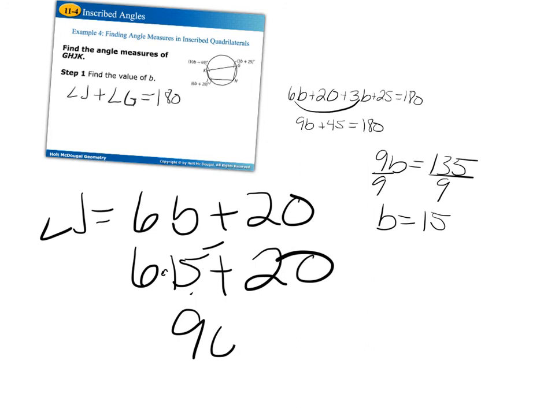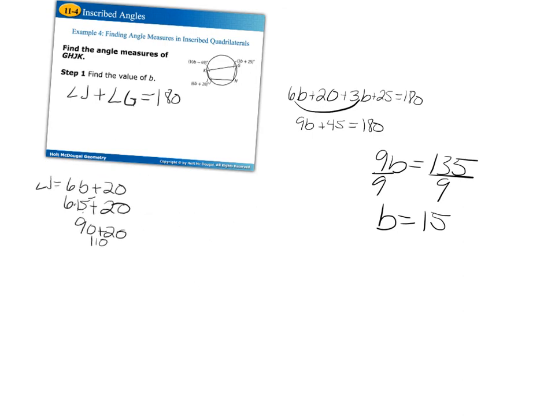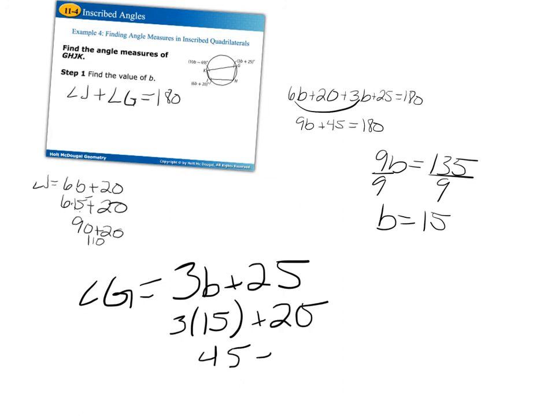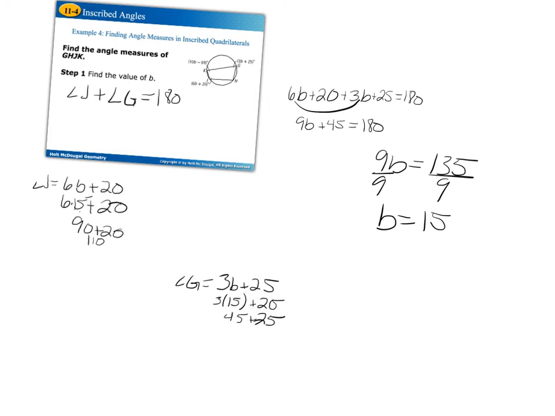This becomes 90 plus 20, which becomes 110. All right, so I got one angle. Now let me do G. Angle G was 3b plus 25. Put in the 15. I get this to be 70.